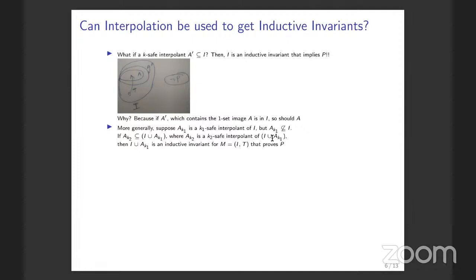So with just a K long BMC kind of formula, you keep computing the interpolants, the over approximations, and then see if the union of that interpolant and the initial state is included in the initial state itself. That is the idea here.